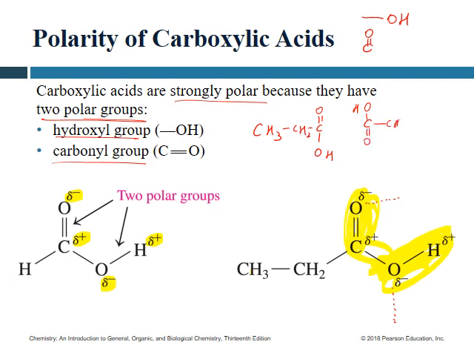So this hydrogen has a partial positive charge. This oxygen has a partial negative. This oxygen has a partial negative. This hydrogen can form a hydrogen bond with this oxygen. But I have a good question. So you said it is only a force of attraction because of the electrostatic charges, so it is not really a bond.